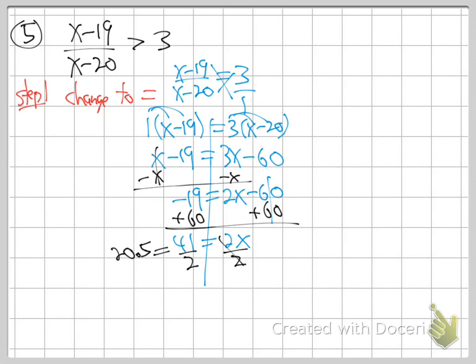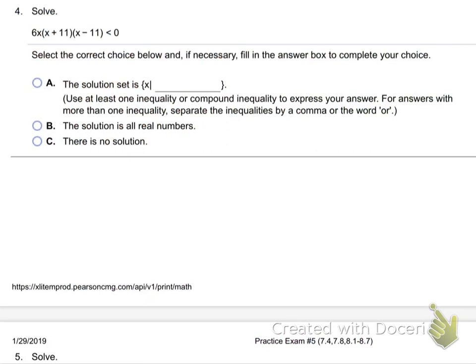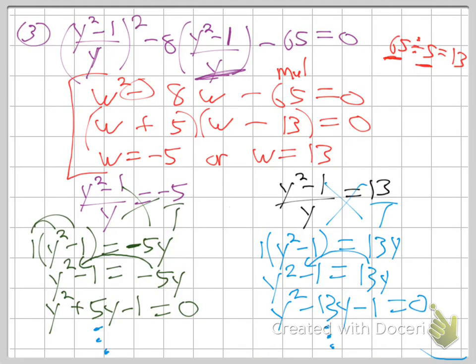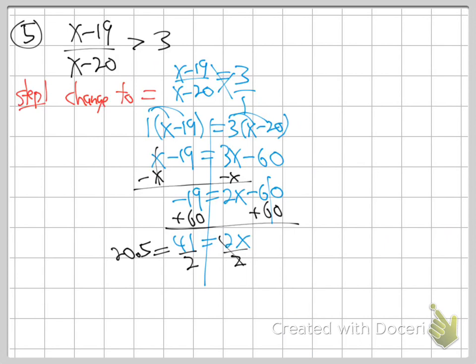Now, what is step 2? Go back here. Did I write it anywhere? Yeah, you did. Denominator alone equals 0. There it is. Denominator alone, nothing else. So step 2, denominator alone equals 0.